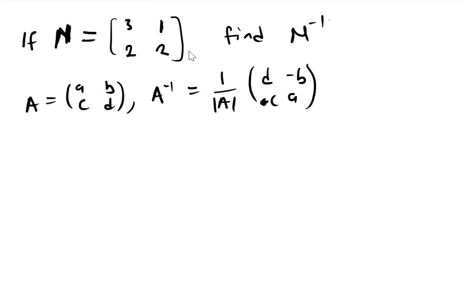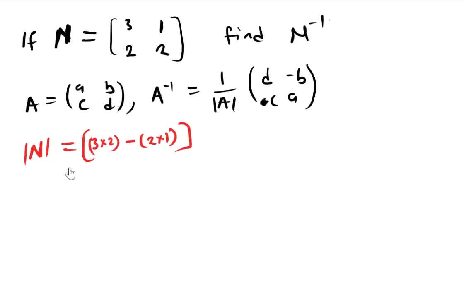With this we can solve for the determinant of this matrix, and you can say that the determinant of n is equal to 3 multiplied by 2 minus 2 multiplied by 1.